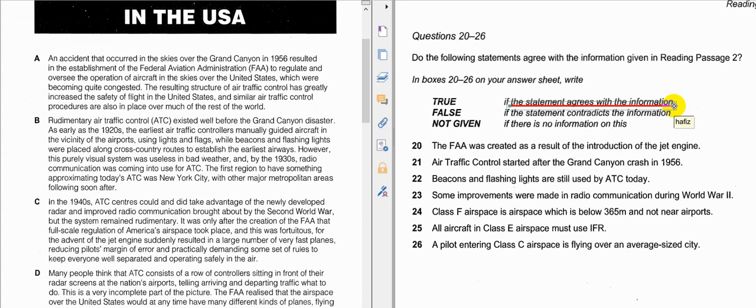If it's false, then there's a contradiction. So using the same example, if I say I am inspired by Bill Gates, a false statement will be I am inspired by Steve Jobs, because there's a contradiction of one of the keywords. It changes. But if it's not given, then there will be information missing.